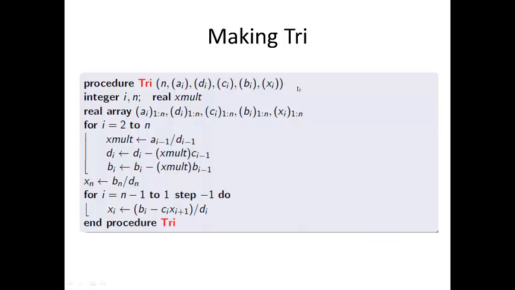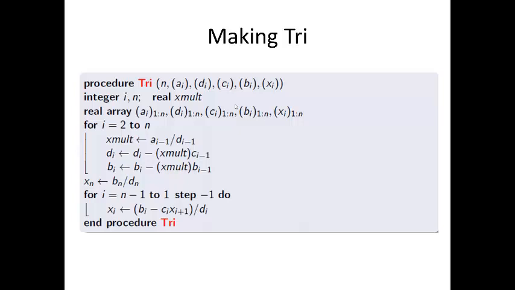So those are all the parameters. N is the size, a is the coefficient array, d sub i and c sub i are also part of the coefficient array. We store each diagonal separately, and b sub i is the b vector, and x sub i is going to hold our solution.